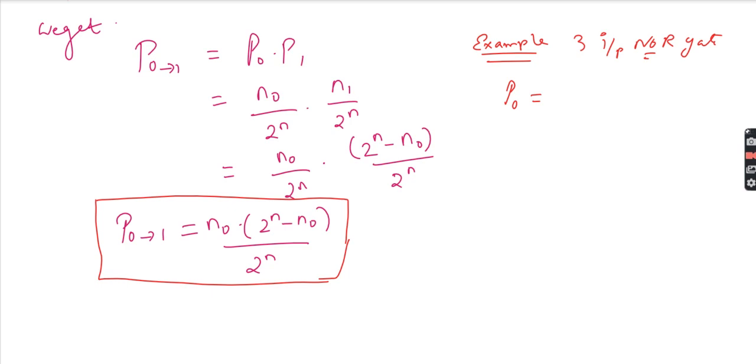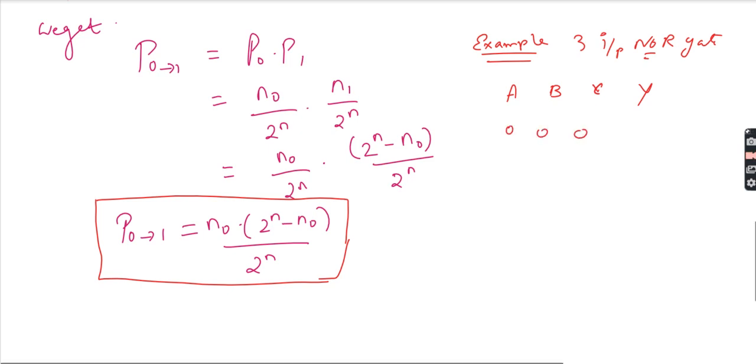The formula is n0 by 2 power n. First of all we need to know the truth table, correct? So let me write the truth table with A, B, C, then Y.